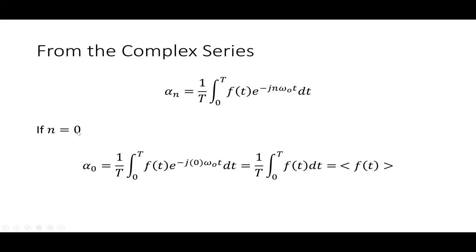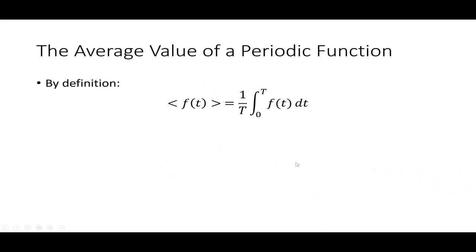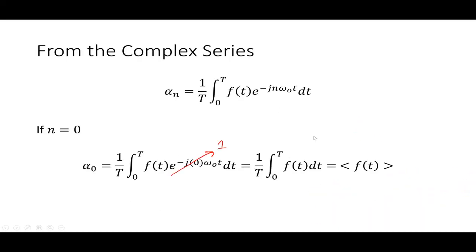Well, if n equals 0, I plug n equal to 0 into this expression, and this term simply becomes 1. The complex exponential just disappears and becomes the number 1. So what I see from that is alpha 0 is the same as the definition of my average. Okay? So I can see from that alpha 0 is the average value of the waveform.